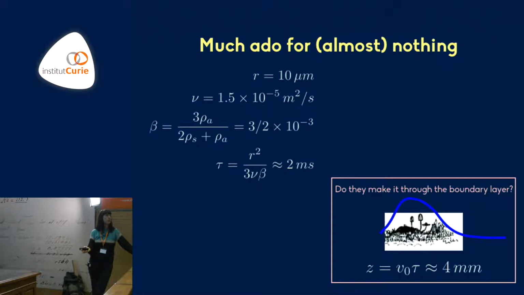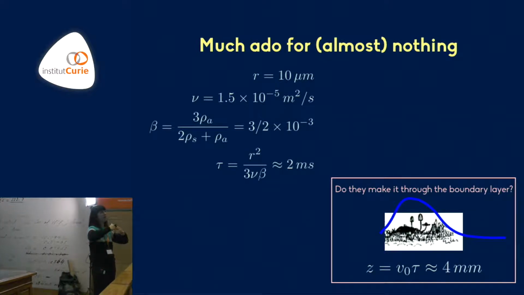Okay, and now the question is: are millimeters enough? And this is a major question. Is it enough for what? The only thing I told you about spore dispersal is that spores need to get out from the parent. This is the reason why you have sex if you are a fungus. Okay? Four millimeters, is that enough? Well, if you look at the fluid dynamics of what happens around a solid object, you'll know that there is a layer of air that is still, okay?